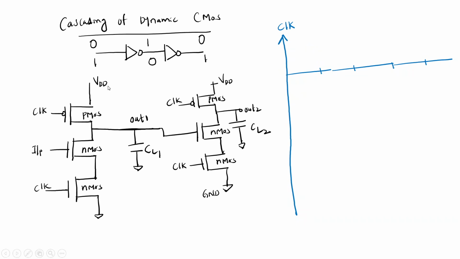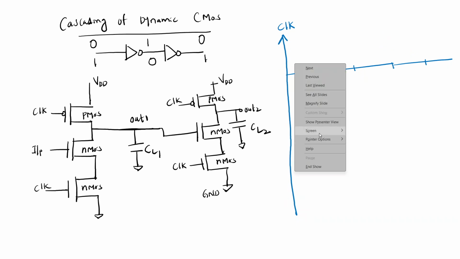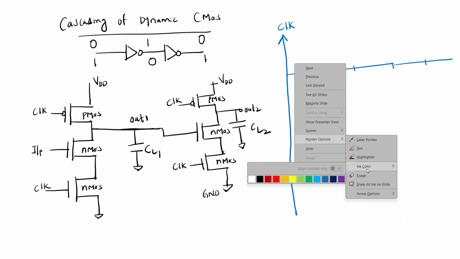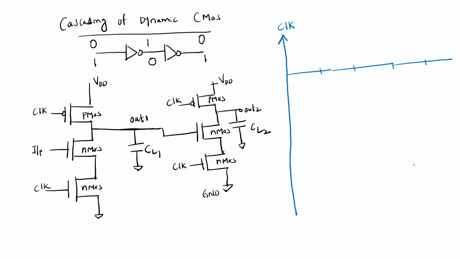I am giving the clock values: first the clock is 0, next it is 1, next it is 0, then it is 1. So this is the clock: 0 1 0 1.